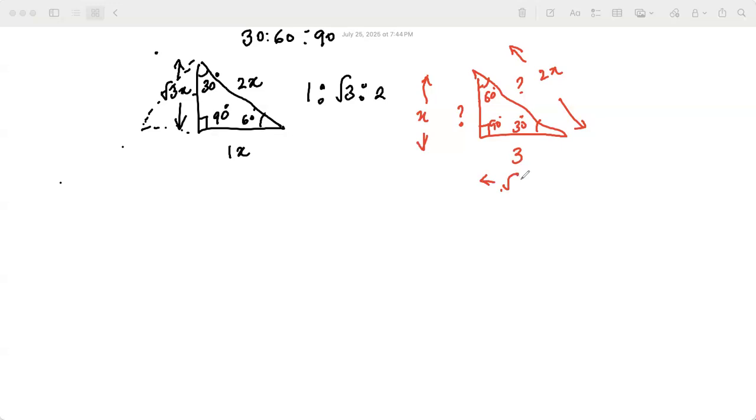Given this, the medium side is 3. What are the other two sides? Express your answer in radicals.